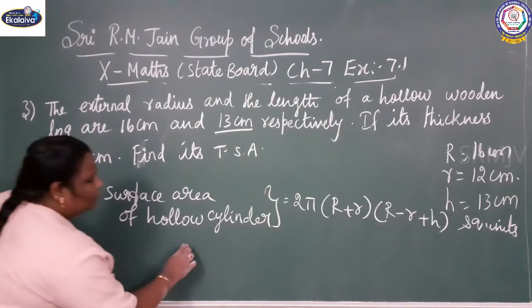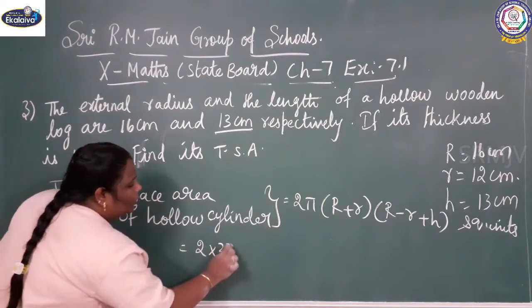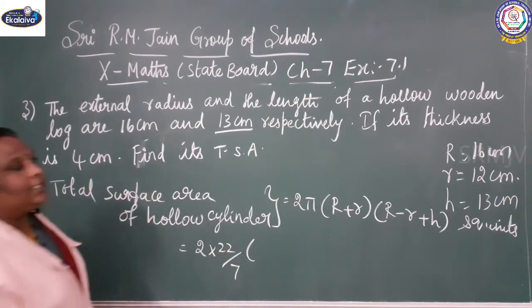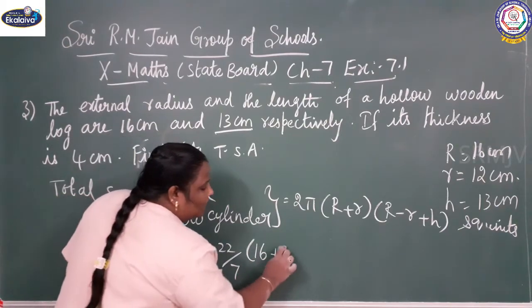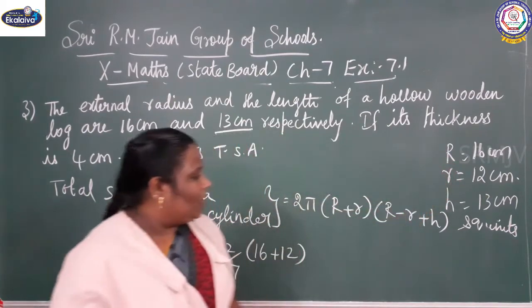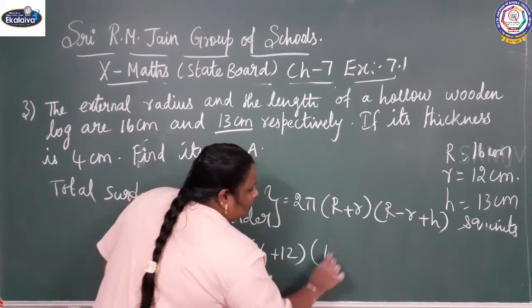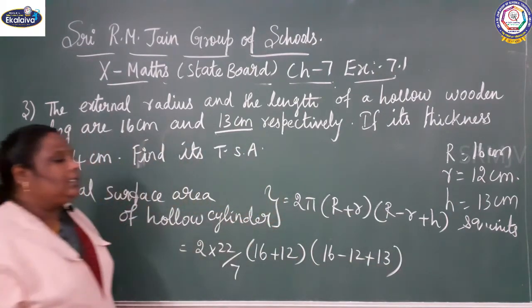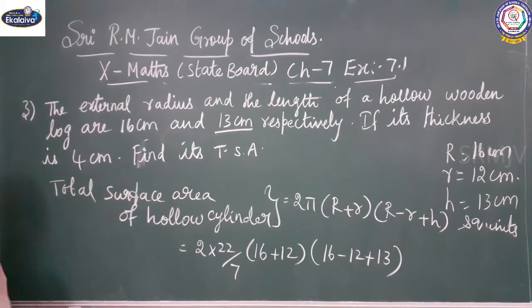We can substitute the values. 2 into 22 by 7 into R plus r, that is 16 plus 12, because capital R is 16 and small r is 12. Then 16 minus 12 plus 13.